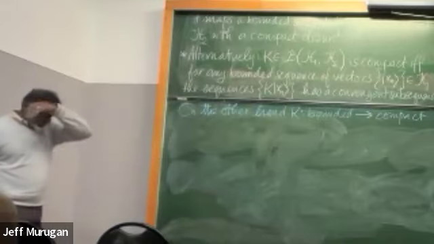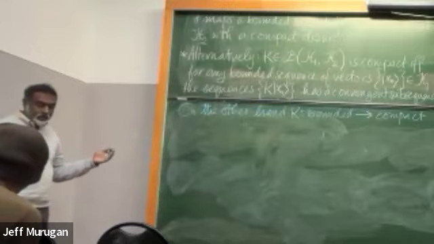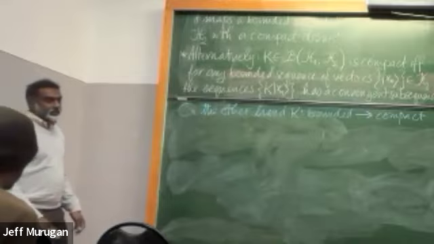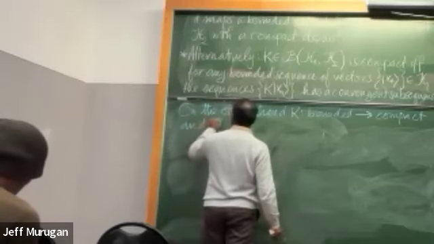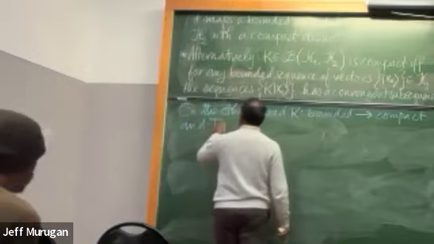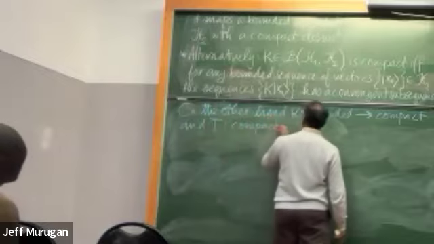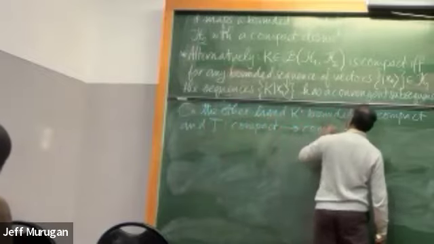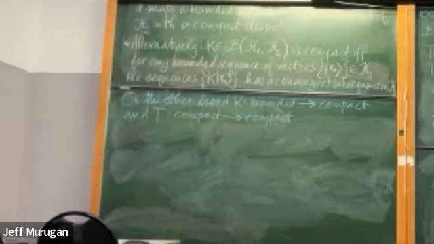And T, which is a bounded operator, then maps compact sets onto compact sets. So T is a bounded operator, and T maps compact sets to compact sets. So TK then maps bounded sets to compact sets. And hence TK also is compact.